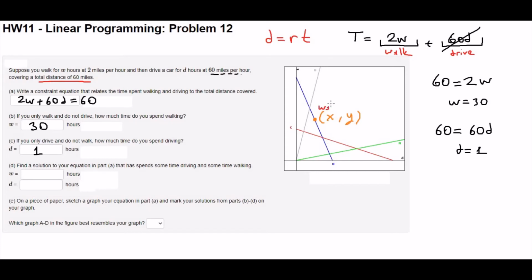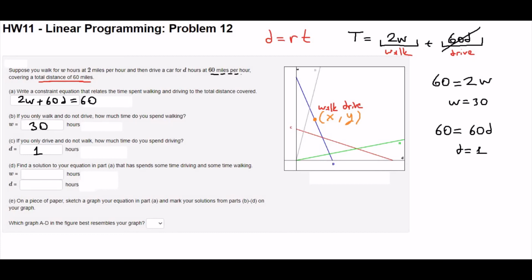So x hours walk and y hours drive. So part D is technically asking to pick a point on this line, which is the combination of walk and drive.